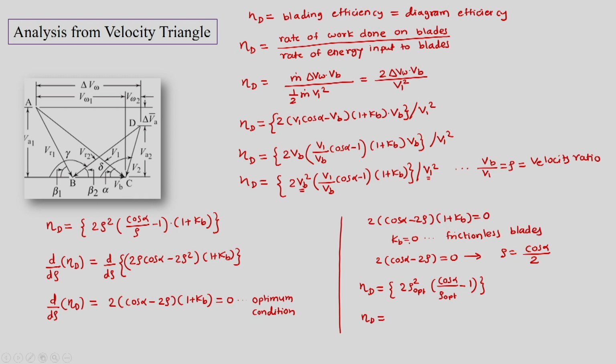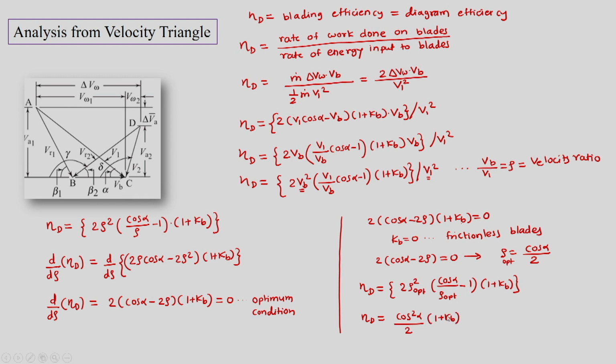So, if Kb is not 0, we will have rho optimum equal to cos alpha by 2, since Kb is a constant. So, that is why we will also have 1 plus Kb in a general case. So, we will have diagram efficiency is equal to cos square alpha by 2 into 1 plus Kb.